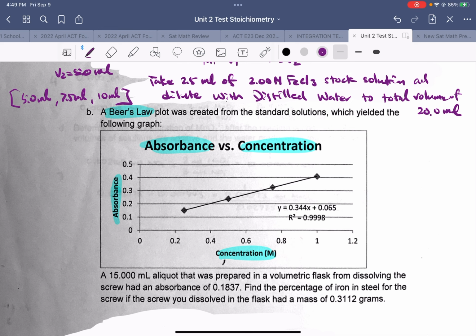Beer's law states that there is a linear relationship between the concentration and the absorbance.